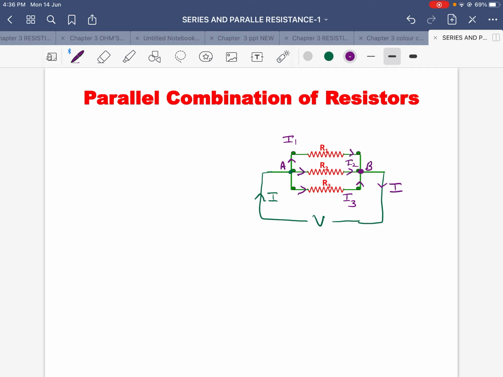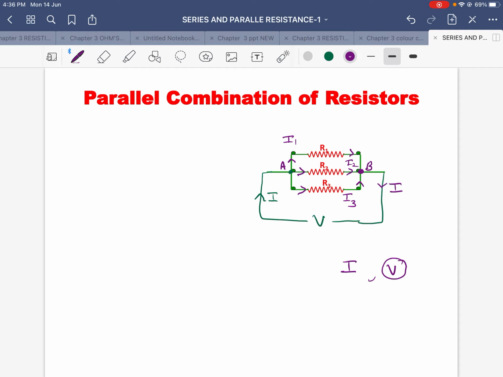So the difference between series and parallel combination is that in series combination current will remain the same but potential is divided into parts according to the number of resistances connected. It may be 1, 2, 3 or any number.